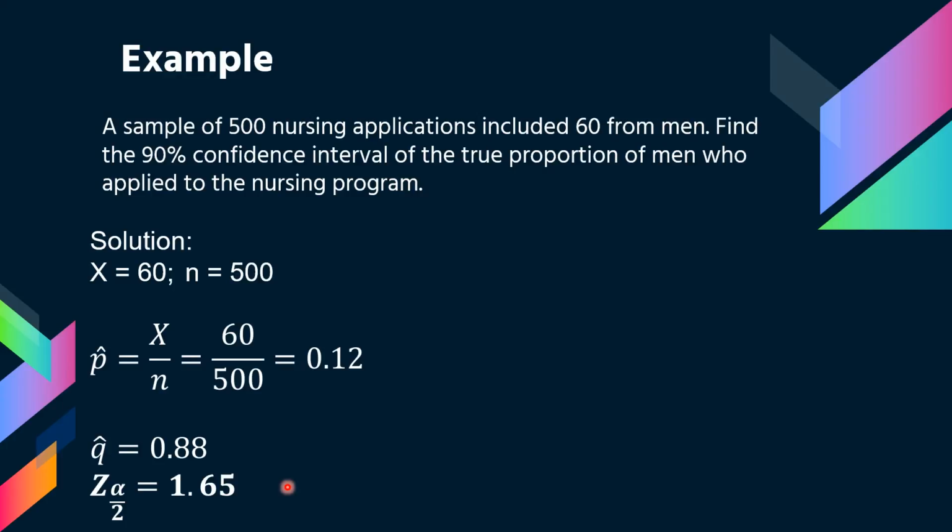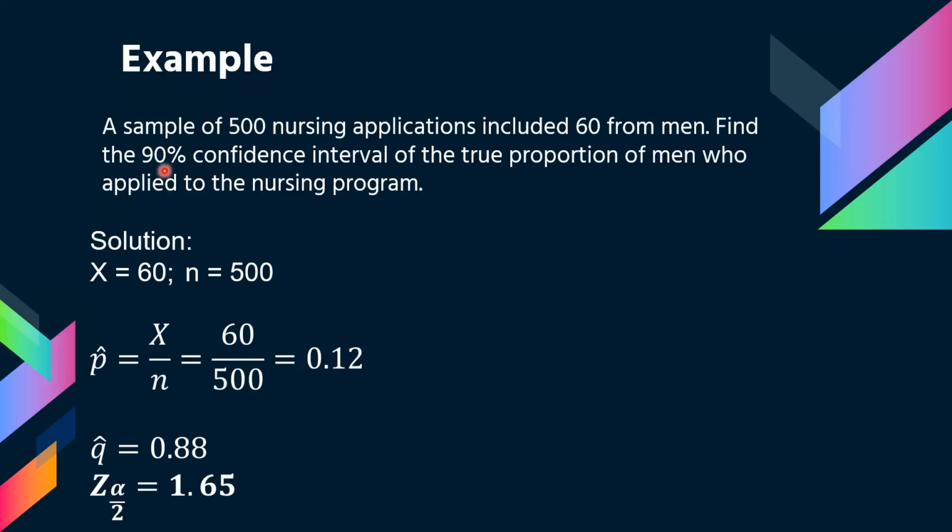Just to remind you that this Z score is taken from the previous table that I gave you, yung normal distribution. So what you're going to do, okay, you have 90% confidence interval. Therefore, there is a remaining 10%.